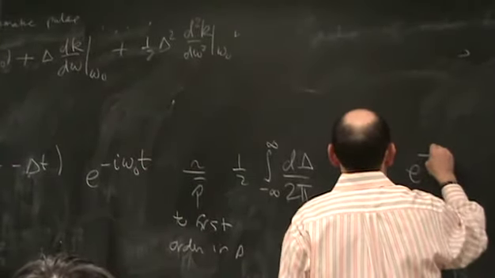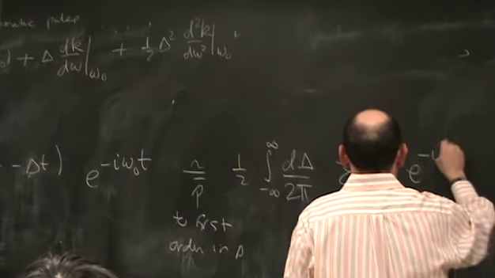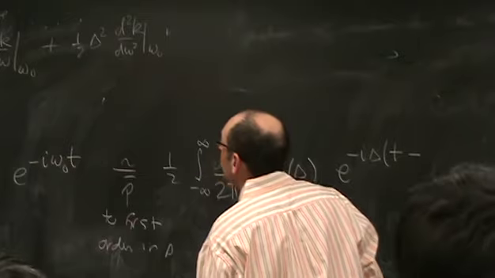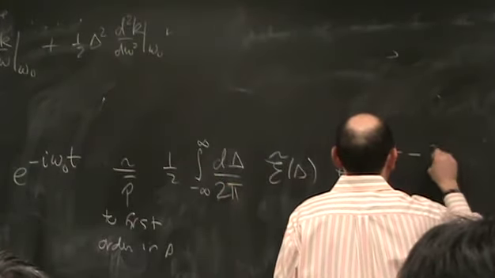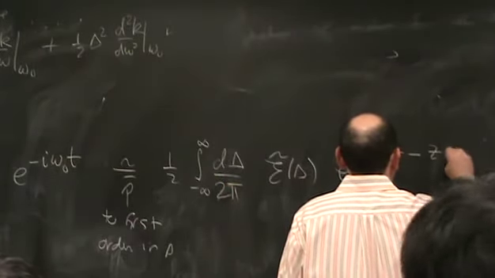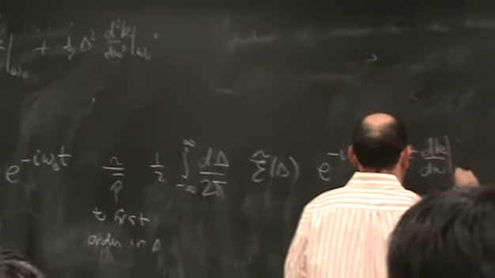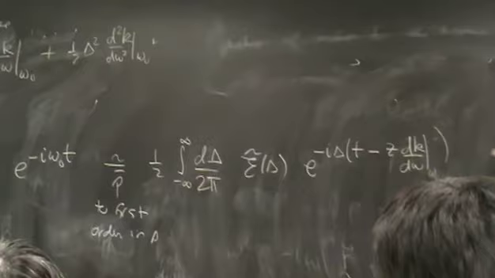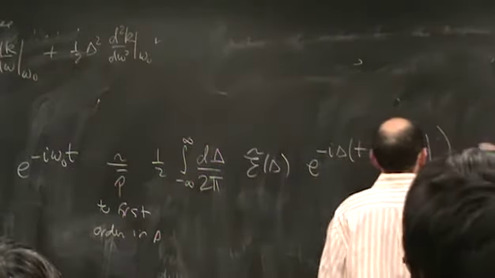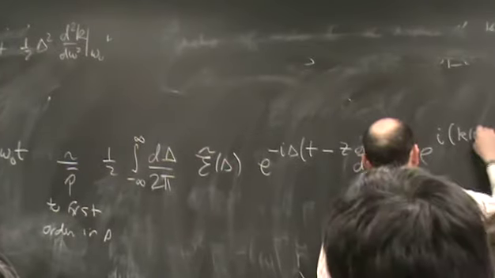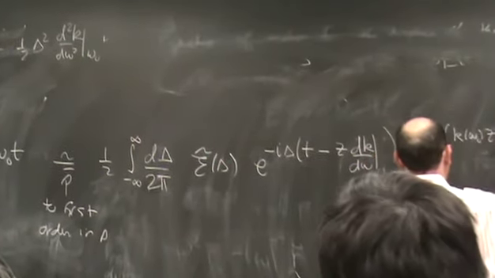E to the minus i delta times t minus z times dk by d omega at omega naught, times e to the i k at omega naught z minus omega naught t.